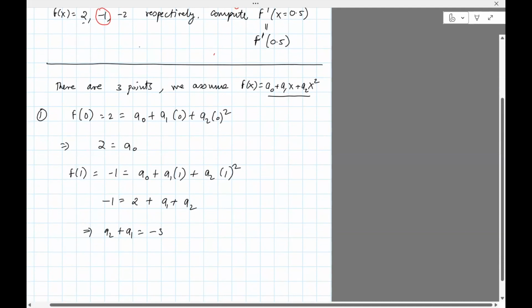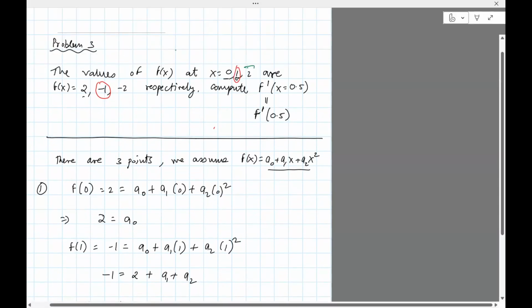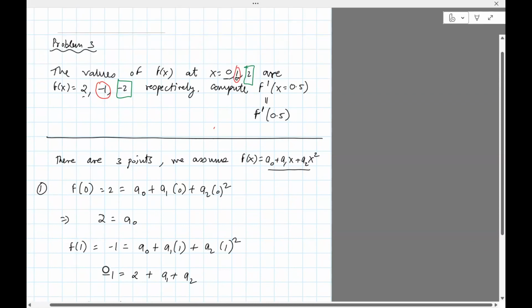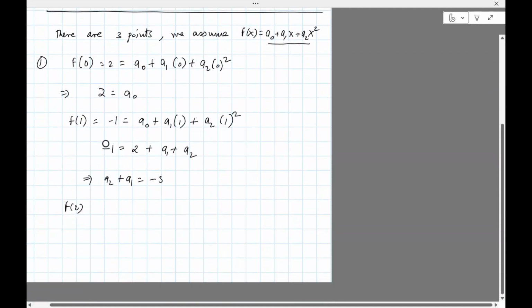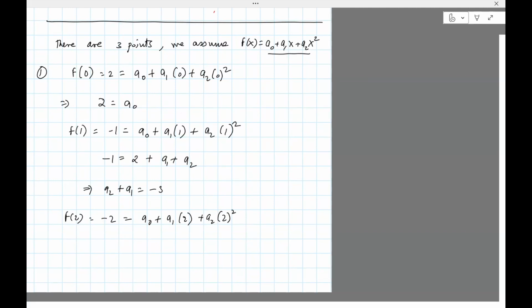Okay, last I'll use the third expression. I know that at x equals 2, the value is -2. So let's use that. -2 equals a0 plus a1 times 2 plus a2 times 2 squared.